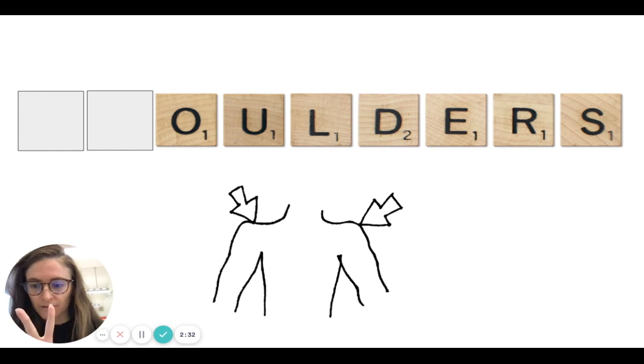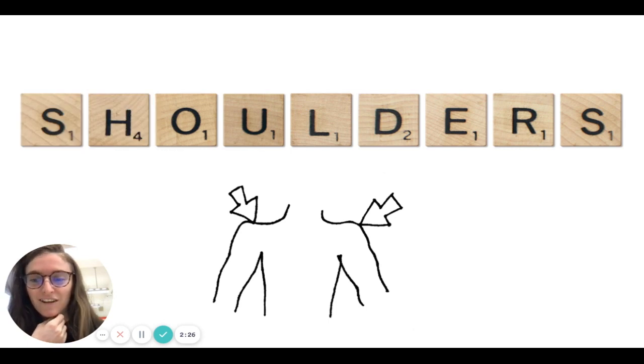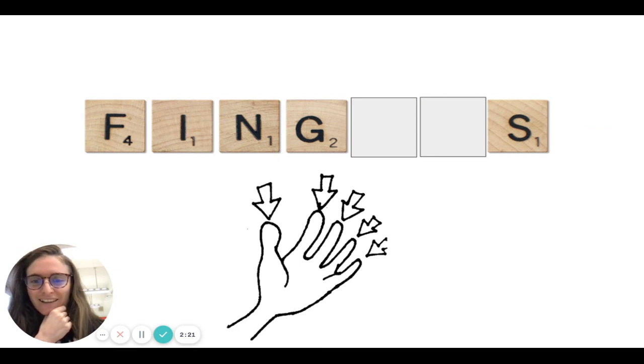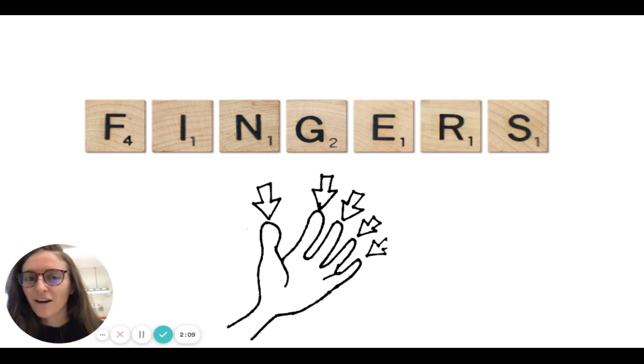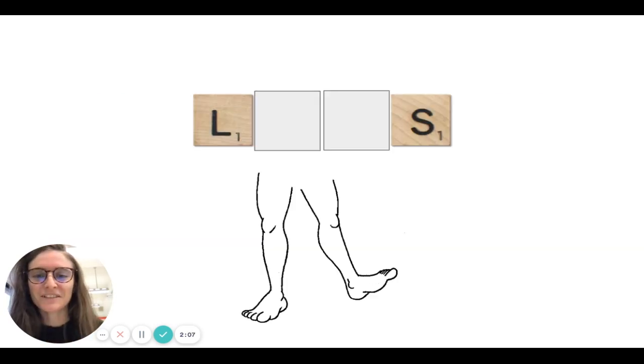You need 2 letters. Do you know what they are? Yeah, it's S-H. S-H makes shoulders. What about this one? You know the word. Fingers. You need to make the sound. Finger. It's E-R.